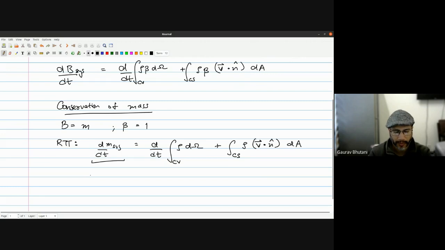So their mass will be constant. The collection of molecules that you've taken as a system, their mass will be constant. So this is 0. That's the whole use of having a Reynolds transport theorem, because the physical laws can basically be applied to the system rate of change.